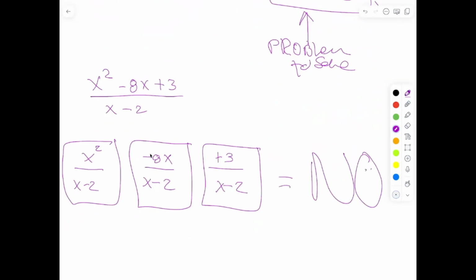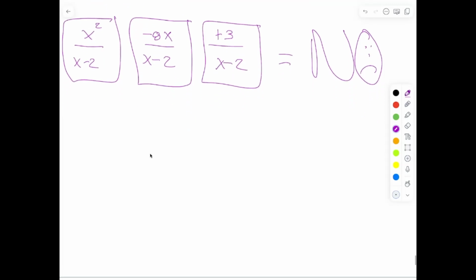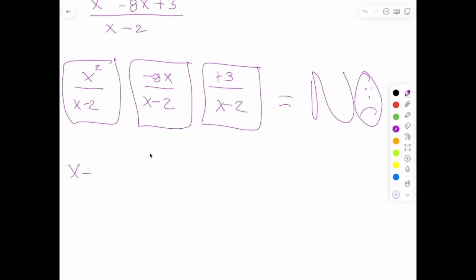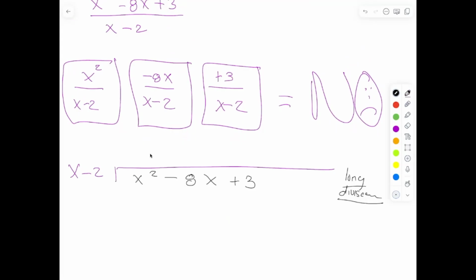No. It is not. This is why we have to use long division. And long division is not good because it's long, and because of that, it takes time to do.